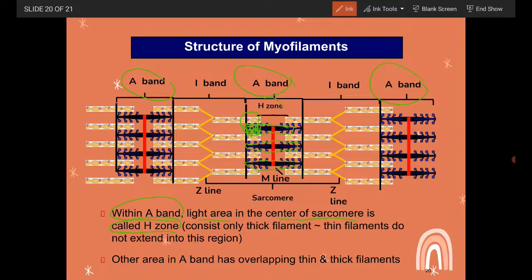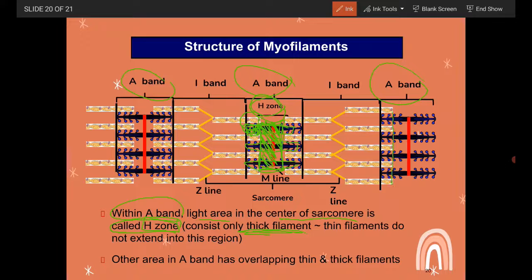But what is H zone? So H zone refers to the region which consists of only thick filament. So only the region that has full thick filament is known as H zone.